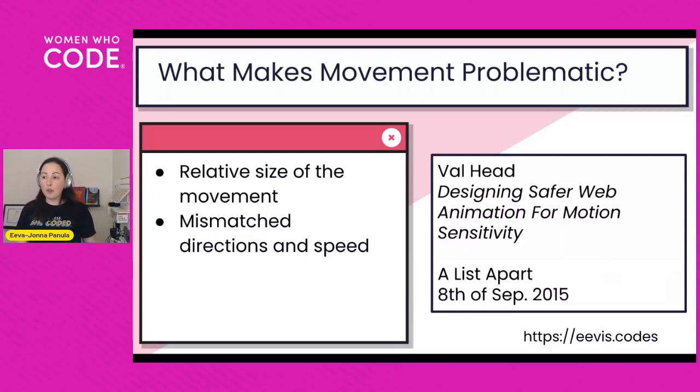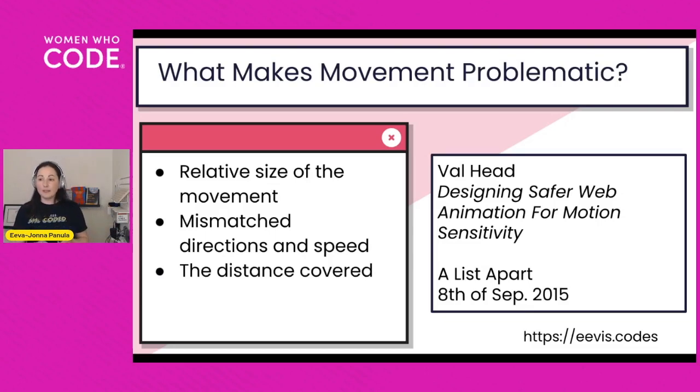So yeah. And then the third one is the distance covered. This is related to both, especially the relative size of the movement, but basically also the mismatched directions and speed. If the distance the animation is covering is long, so if it's covering lots of real space, not just relative space, but also real space, so if the actual screen is big and the animation covers the whole screen, that's really problematic.